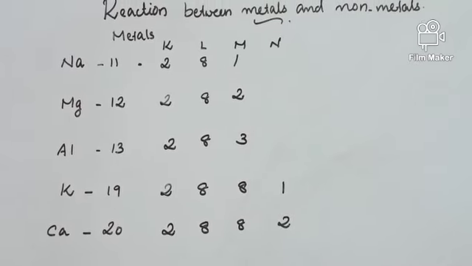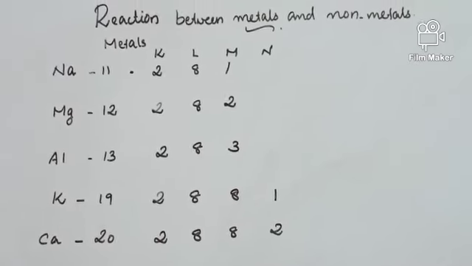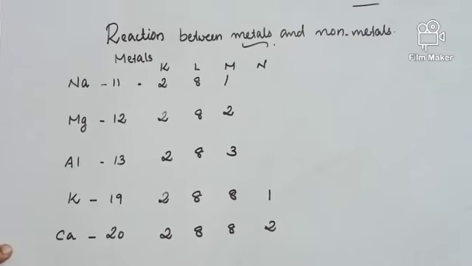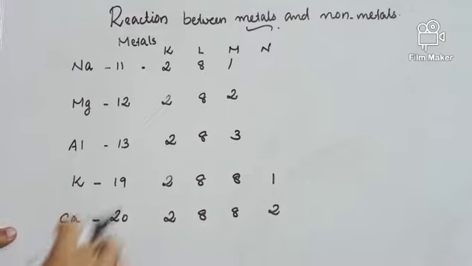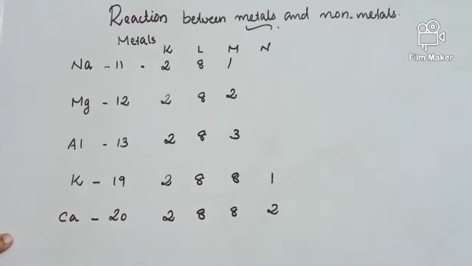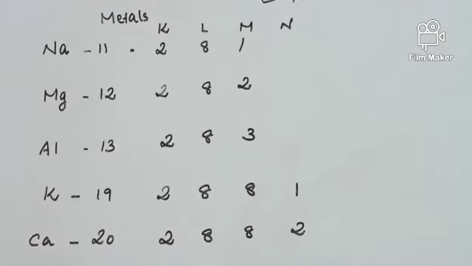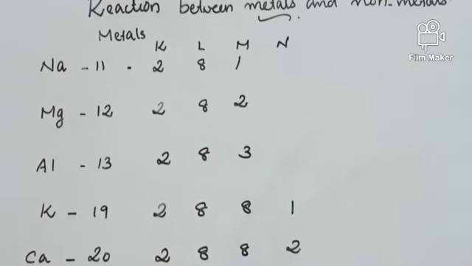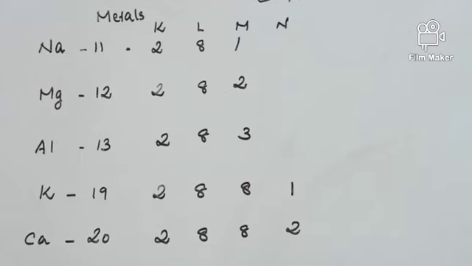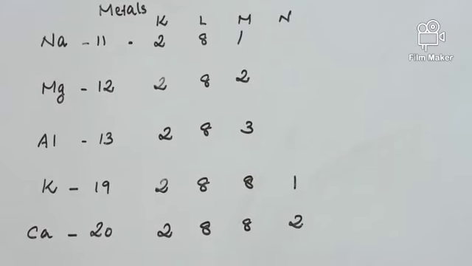Stability means attaining the electronic configuration of noble gases. Noble gases have a completely filled outer shell. An outer shell having 8 electrons, obeying the octet rule, is called stable. So noble gases have 8 electrons in the outermost shell, and they are very stable and not reactive under ordinary conditions.